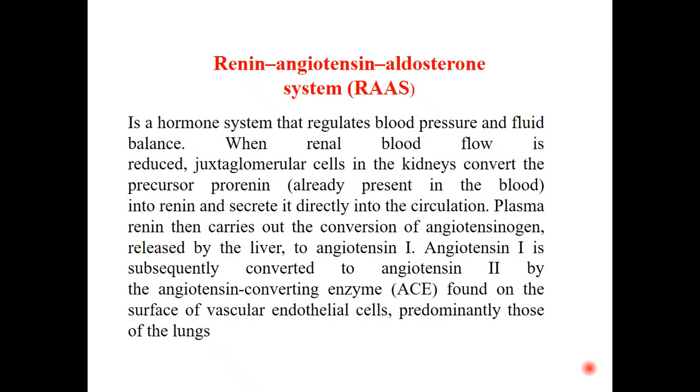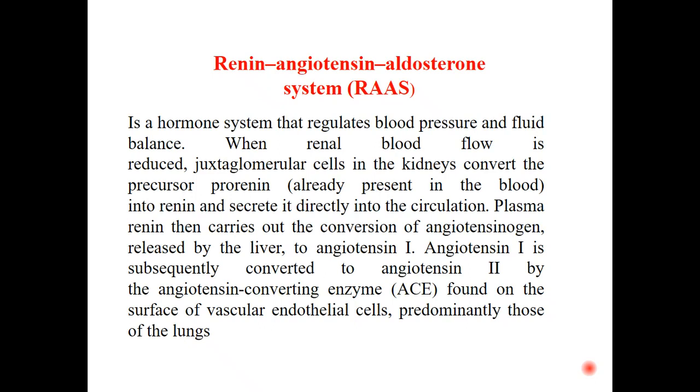Renin-angiotensin-aldosterone system is a hormone system that regulates blood pressure and fluid balance. So when renal blood flow is reduced, the juxtaglomerular cells in the kidneys convert the precursor prorenin into renin and secrete it directly into the circulation.